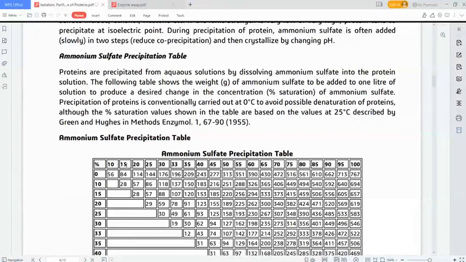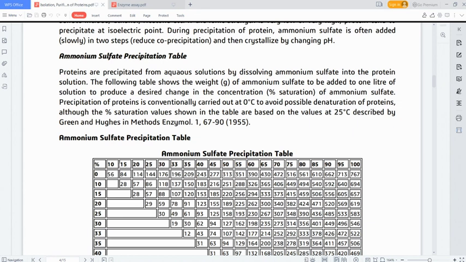Now, in using ammonium sulfate to precipitate proteins, we make use of what we call the ammonium sulfate precipitation table. It gives you the particular amount of ammonium sulfate to be added so that you can achieve a particular percent of precipitation.